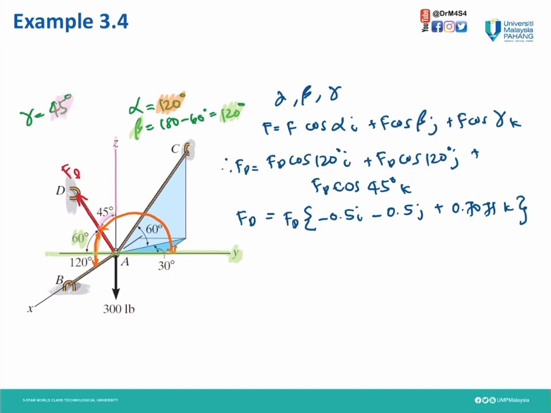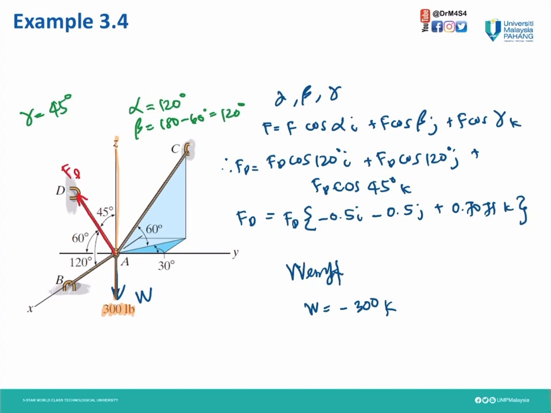So substitute those alpha, beta and gamma in this form, so we can write our FD in Cartesian form. So this is the answer. Also, don't forget the weight. The weight given here is 300 pounds. That's exactly on the z-axis, but on the negative side.